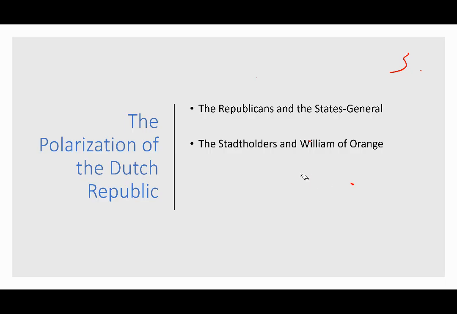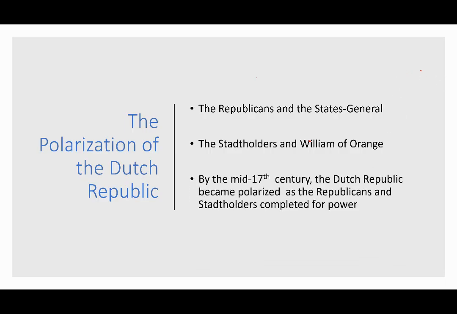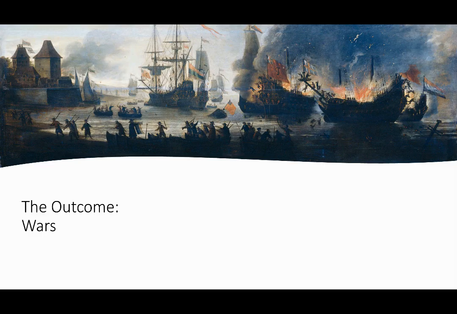And unfortunately, at the same exact time was when something bad happens. So by the mid-17th century, the Republicans and stadtholders competed for power. And the outcome wasn't quite a civil war. It literally was a major war.